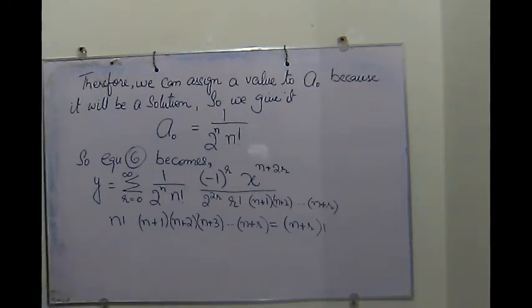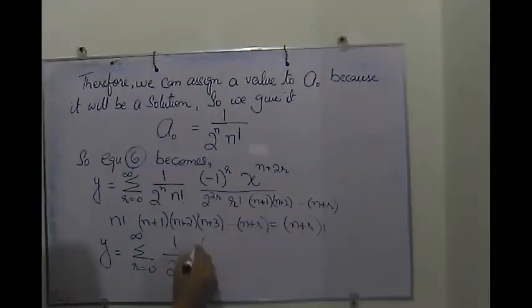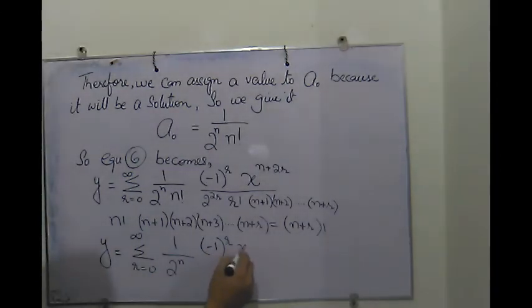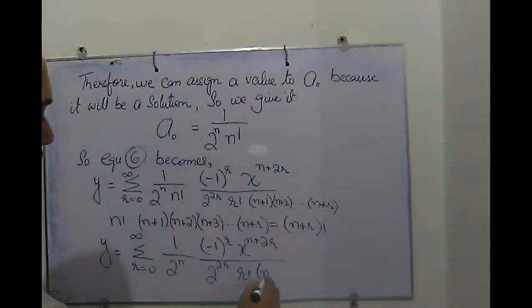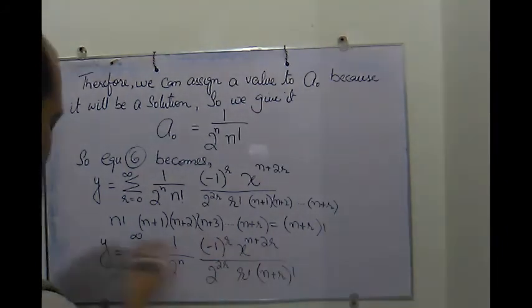So this makes the new equation: minus 1 raised to the power r, x to the power n plus 2r, 2 raised to the power 2r into r factorial and then n plus r factorial.